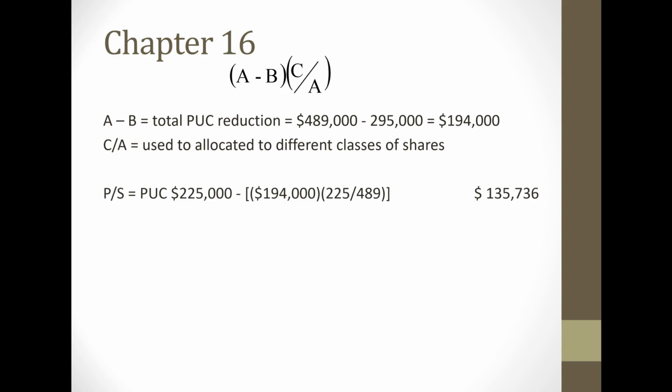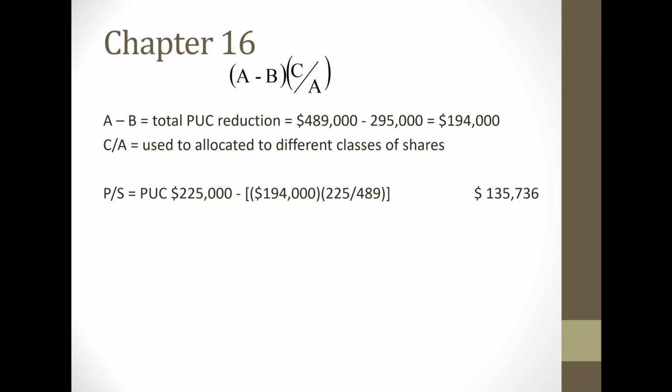The PUC of the preferred shares before the reduction was $225,000. That was the fair market value. Now we have to minus the PUC reduction. A minus B is $194,000 times C over A. Now C is the fair market value of the preferred shares, which is $225,000, divided by A, which is the total legal stated capital of both the preferred and common shares.